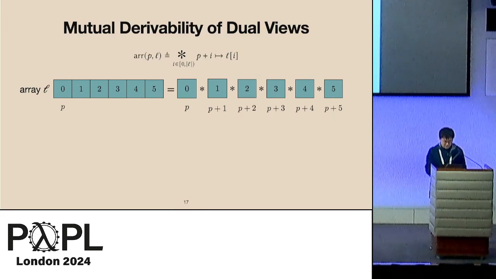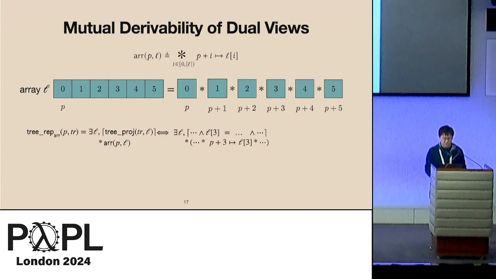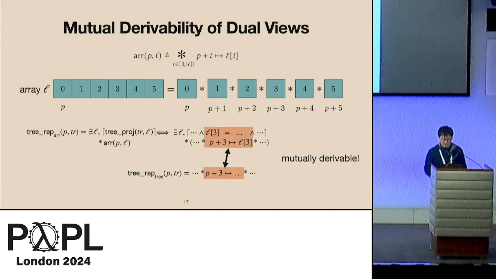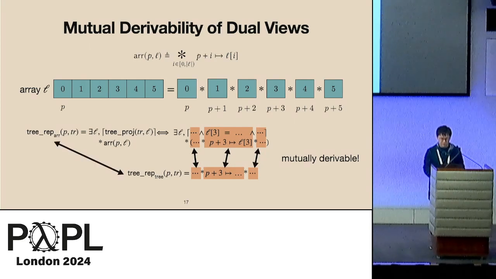And in light of this, we can unfold the definitions inside the array view predicate. And further, we can compare the array view predicate with the tree view predicate. We can find that there are some corresponding parts which are mutually derivable. And likewise, for the other parts, they should also be mutually derivable. As a result, the two predicates can be derived from each other, and therefore we can switch between the two views as needed.